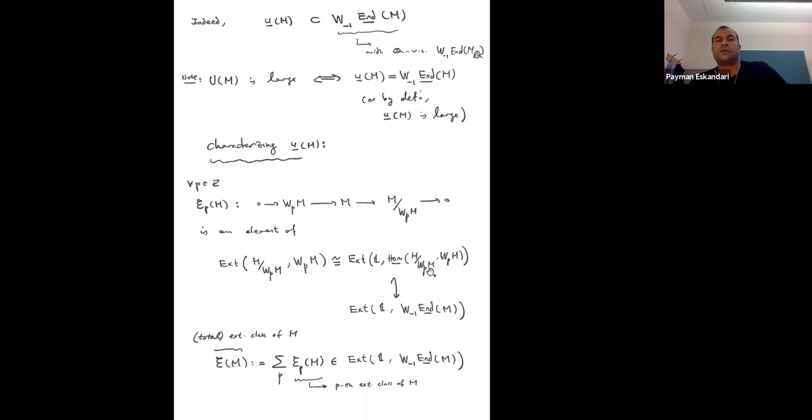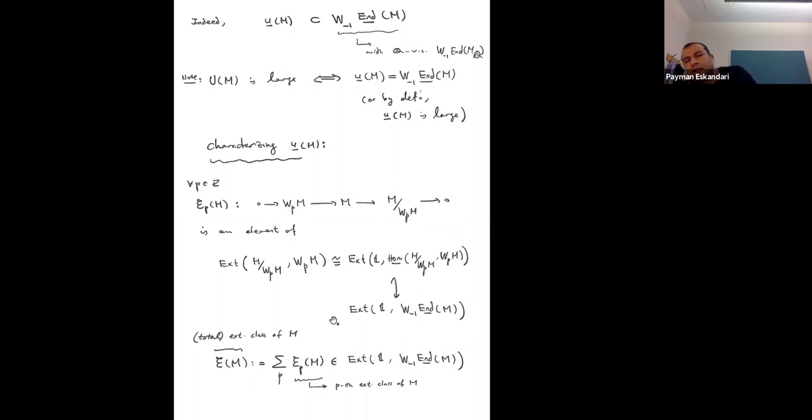Yeah. So now if I have a linear map from M mod W_p to W_p, well, that would naturally give me a linear map from M to M. Namely, I start with M, I go to the quotient, then I pass here, and then I go back to M by just inclusion. So this guy here naturally injects into End M, without the W_{-1}, but because the weights are dropping, the way things are over there, it really maps into W_{-1} End M. So you get an inclusion of this guy into here.